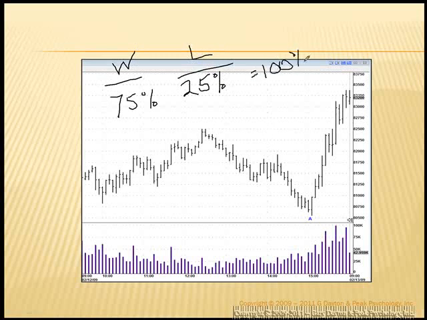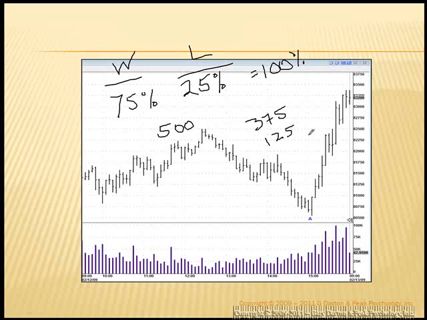So if that's our trade setup, then the way we want to think about this is that, say over, I don't know, 500 trades that we make on this, 75% of them, or 375 trades, are going to be winners, and 125 trades are going to be losers.